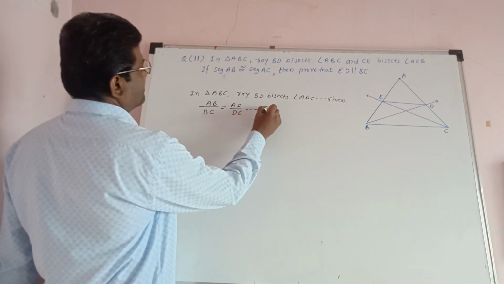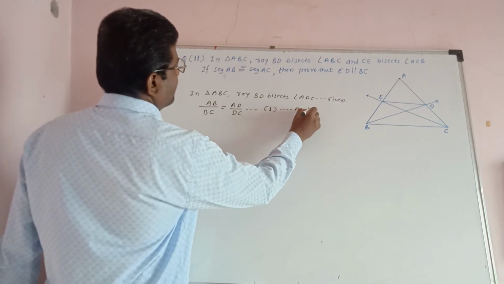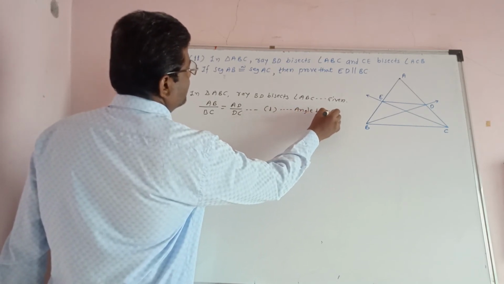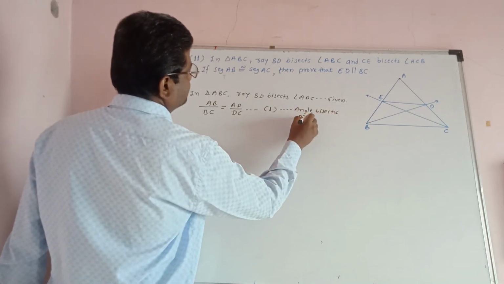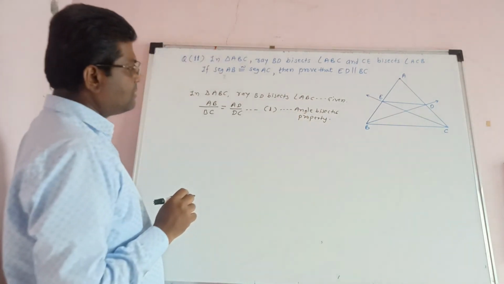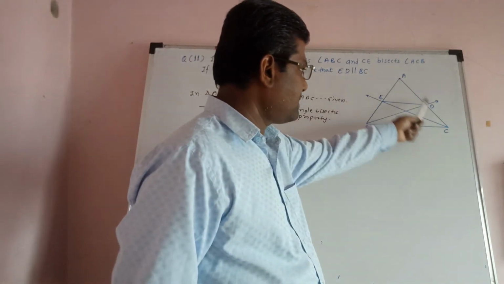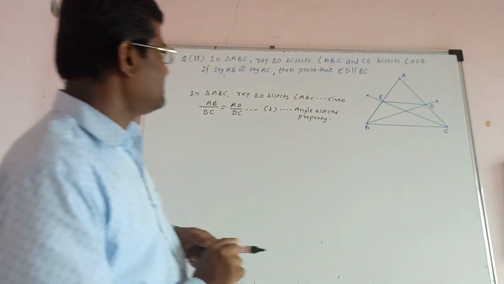This is equation number 1. Reason is angle bisector property. Now ray CE bisects angle ACB. This is also given.